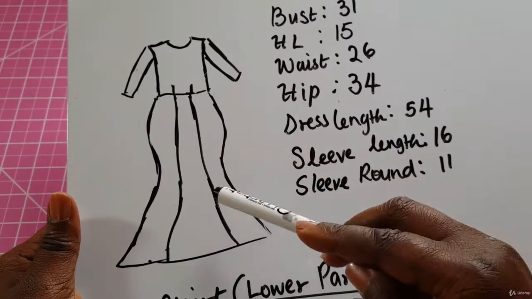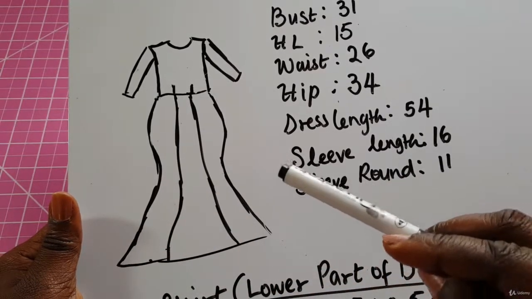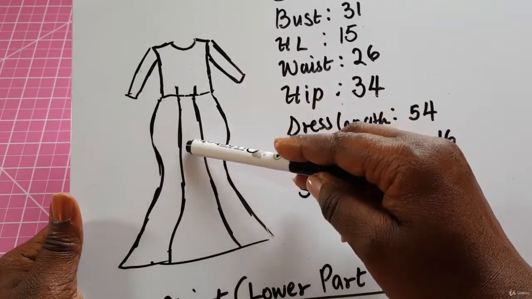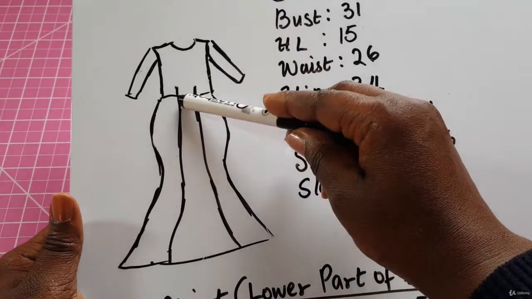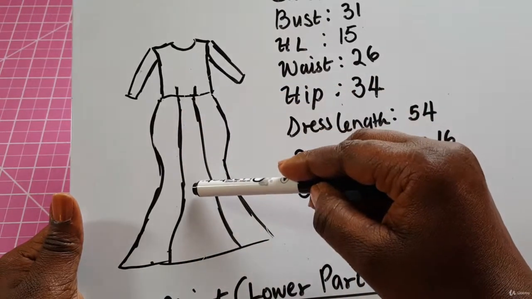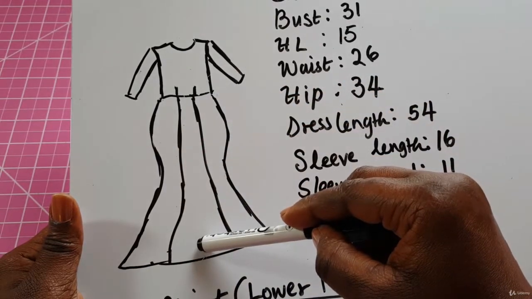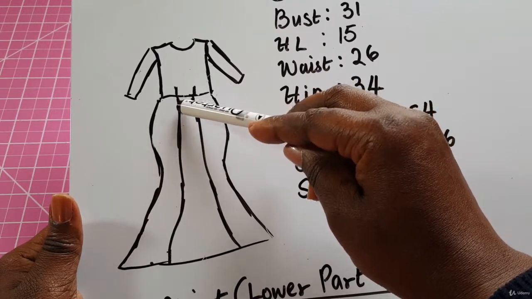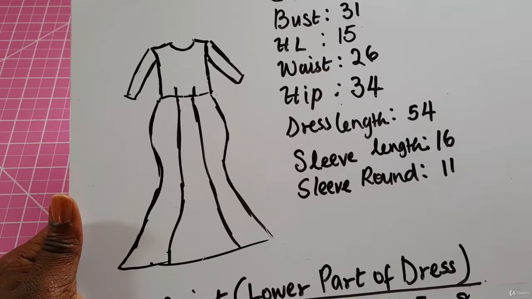At the back, we're also going to have 1, 2, 3. The only difference at the back is we're going to have to divide this center panel into 2, because of the zip. We need to have a zipper at the back, so these have to be open at the back. Because we're going to have a zipper, we're going to have a zip allowance at the back, which we will see when we start to cut.